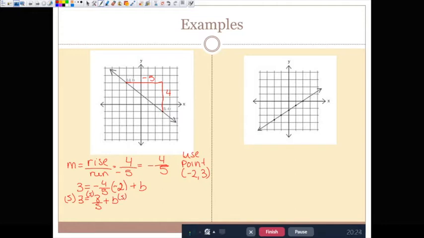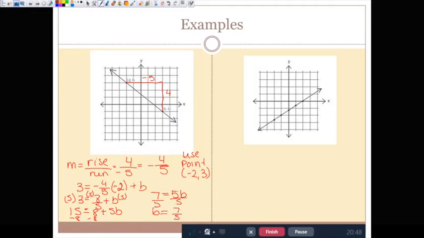So 5 times 3 is 15 equals 8 plus 5b. I'm going to subtract 8 from both sides, so I get 7 equals 5b. Divide by 5. b equals 7/5.